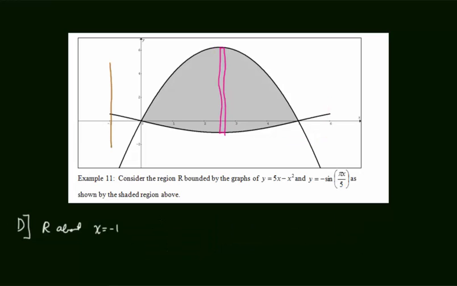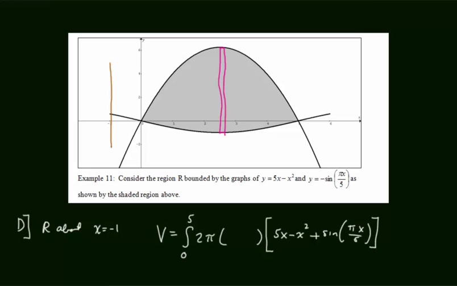In part D, final part, we're going to rotate about x equals -1, so the volume is going to equal from 0 to 5. Each one of these rectangles will become a sheet or a shell. 2 pi radius times the height, and the height is the same as it was in the prior two examples, a minus. Okay, so let's just get this out of the way, and times the thickness.